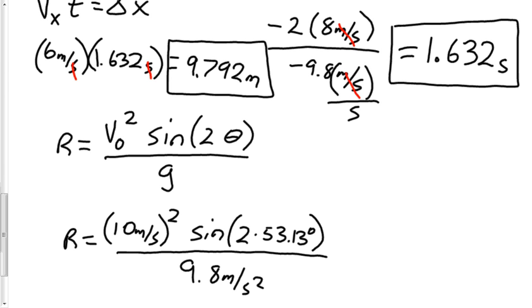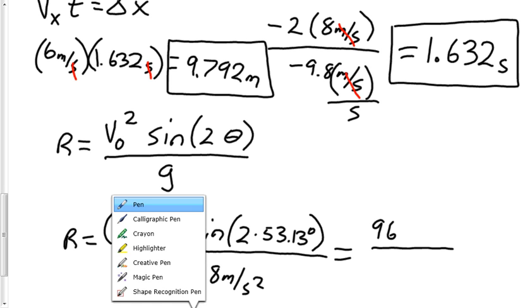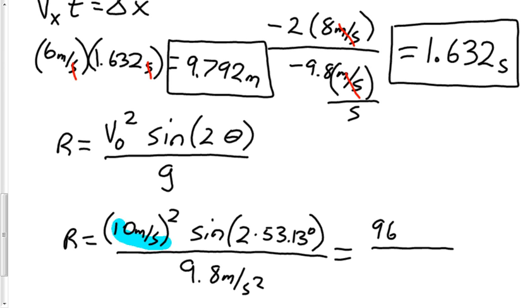Now, if I do this the long way, on the top I'm going to get a total of 96. My units, let me show you where I'm looking. If I look here, 10 meters per second, and that whole thing is going to get squared. The units get squared as well, so that will be 100 meters squared over seconds squared.